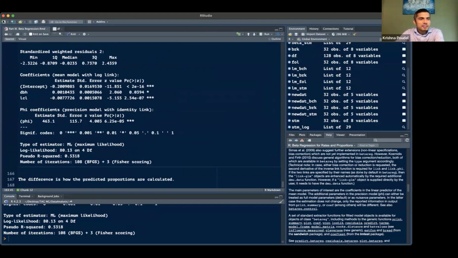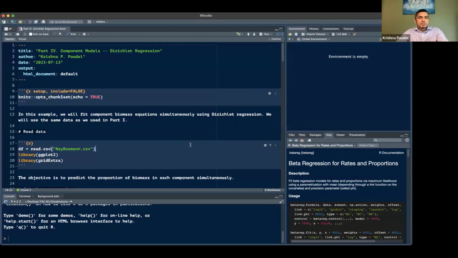And then now let's look at the final approach, which is using the Dirichlet regression model. In the first example, we used the total aboveground biomass and fitted that independently.